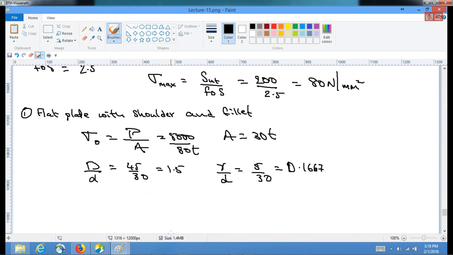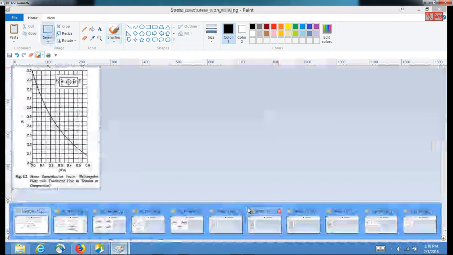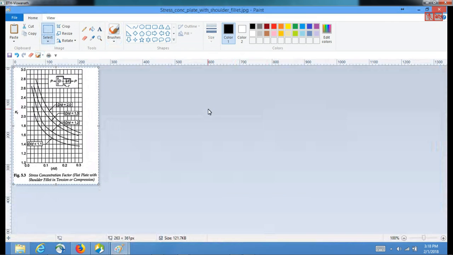So now for this we would go and look at this chart. In this we know D by d is 1.5, so 1.5 is this figure, the second one from the top, and r by d is close to 0.17.